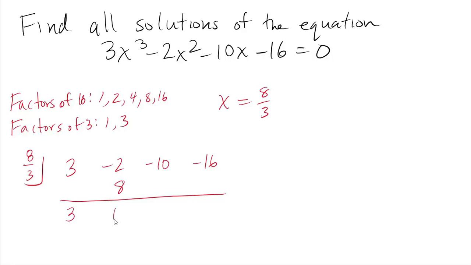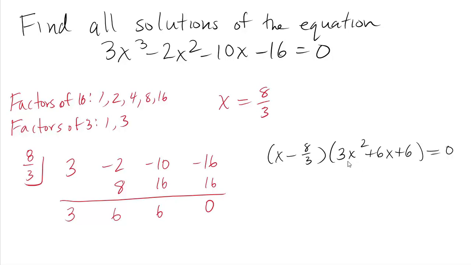And -2 plus 8 is 6. And I'll be able to get an integer again because 8/3 times 6, well, 3 goes into 6 2 times. 2 times 8 is 16. That comes out to 6. 8/3 times 6 is still 16, and of course I get a remainder of 0. So in a weird way, we've factored this to x minus 8/3 times 3x squared plus 6x plus 6.